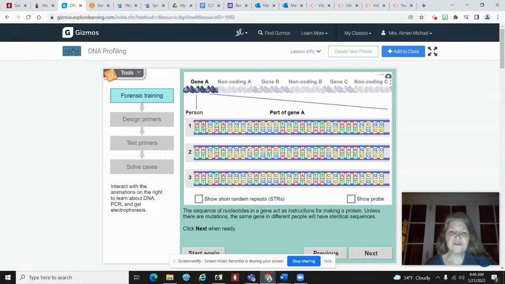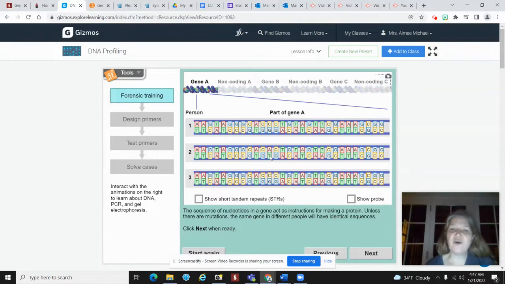You may note here that most of these nitrogen bases are going to be exactly the same. There is one slight difference in person two. You can see right here, you have a different pair of nitrogen bases. That's a slight mutation. If you had major differences in the gene, there would be a genetic disorder or a health issue.